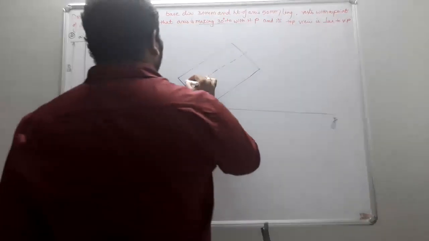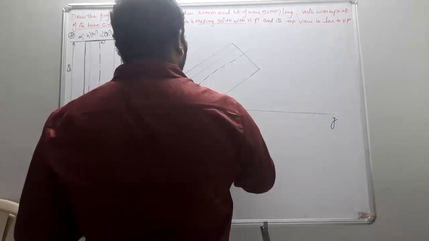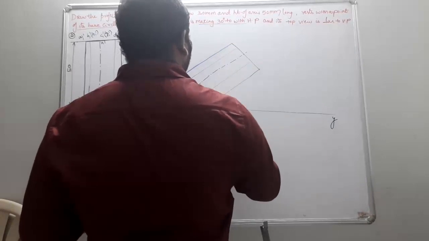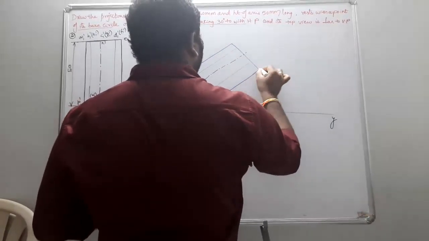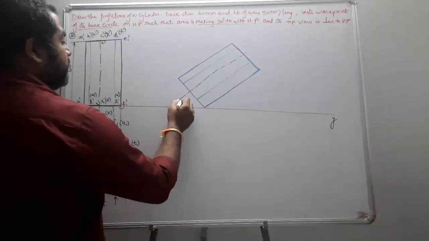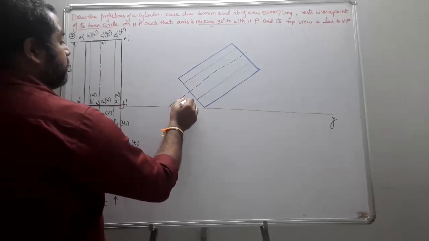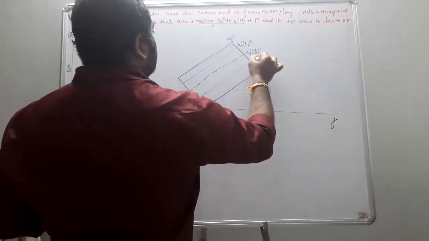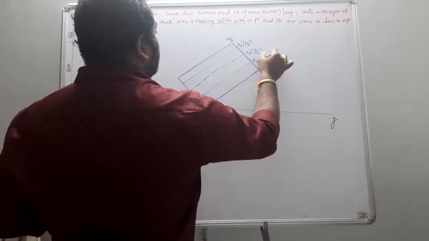Okay, now mark the points. For cylinder, you just highlight only the solid outline. So here its inclination is given as 30 degrees. The points are A2 dash, B2 dash of H2 dash, C2 dash of G2 dash, D2 dash of F2 dash, and E2 dash.